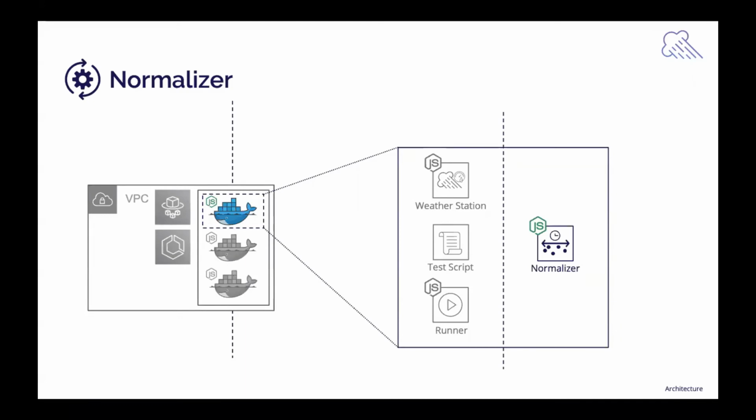Now, let's clarify our definition of normalization, since it can be a slippery term in the data science world. We consider it a pre-processing step that facilitates data aggregation. When we normalize raw data, we're taking multiple data points with different raw timestamps and combining them into a single data point with one normalized timestamp.